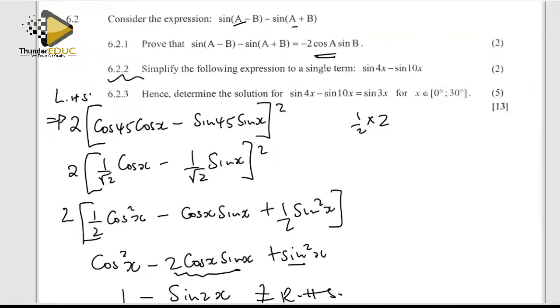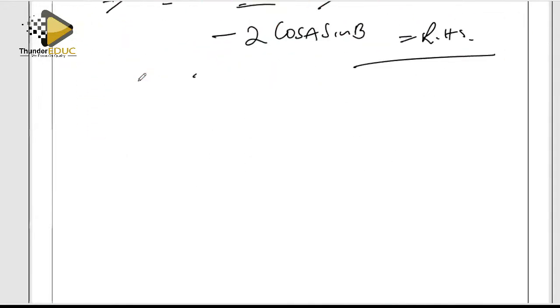6.2.3, we need to simplify. Now, the fact that this question is under what we have in here. So I'm going to let my 4x be a minus b. And then this is going to be a plus b. So we're saying that a plus b is 10x. And then a minus b is 4x.